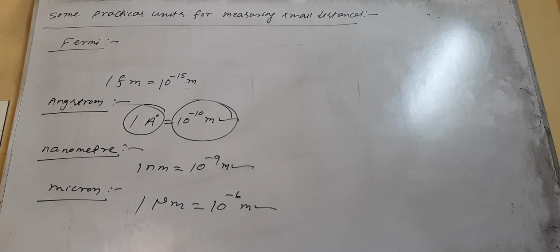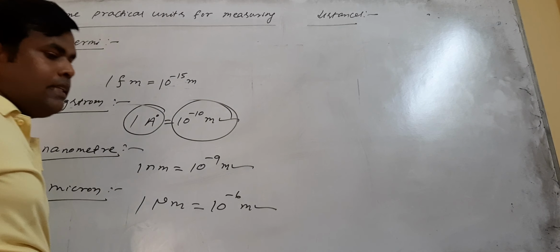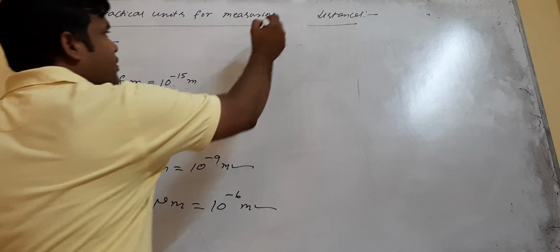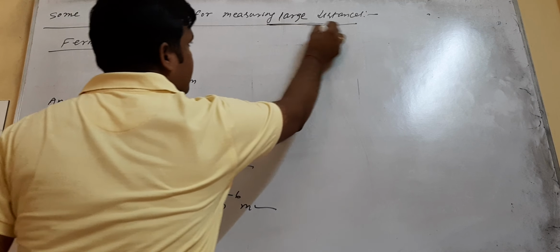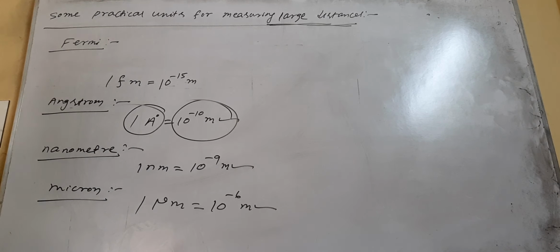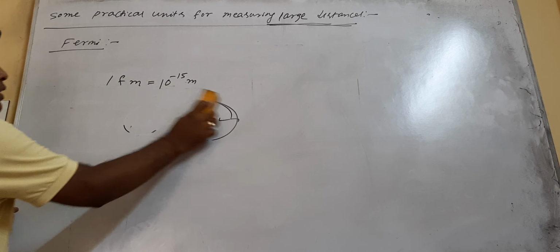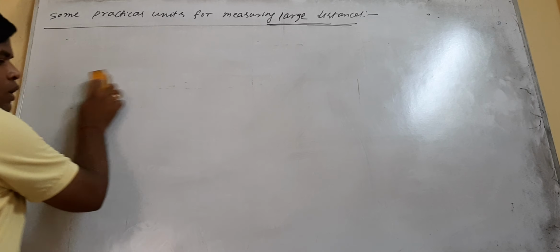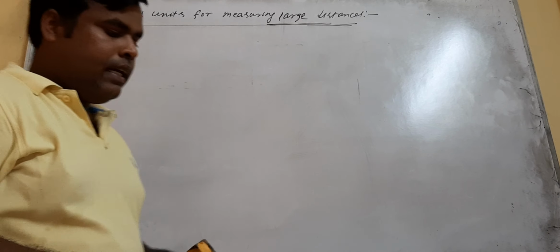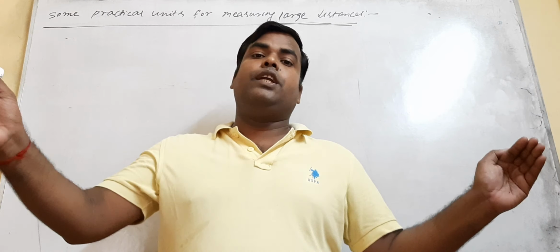Now come to some practical units for measuring large distance. For example, if you are asked to find the distance between two stars, two planets, in unit meter, you will get a big number.